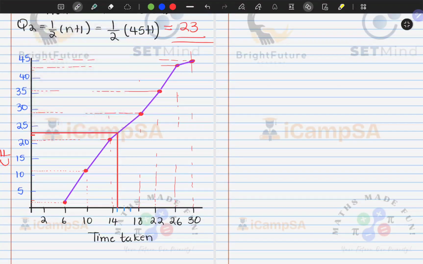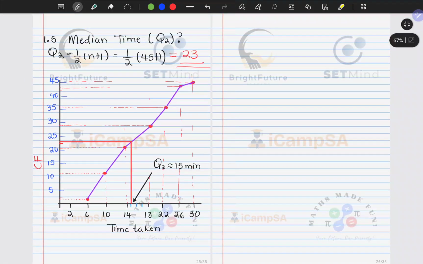Okay. So if you look at the value down there, you will then see that our Q2 is approximately 15. Okay, approximately 15 minutes.